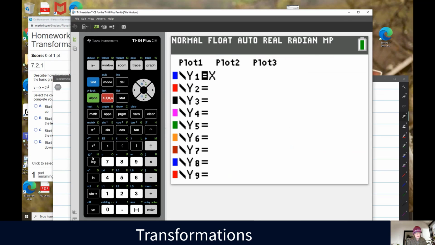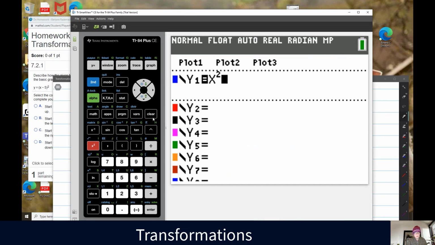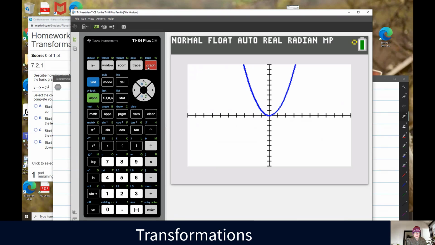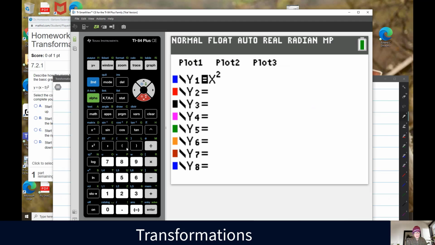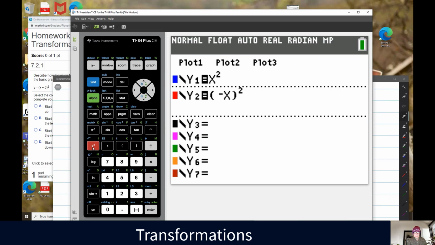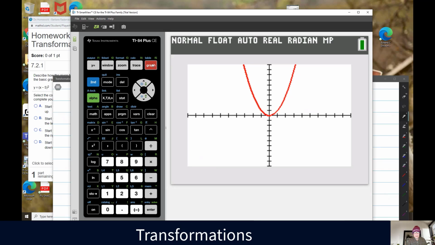Okay, so x squared. We'll just do one of these. Now I'm going to flip this sideways. Parentheses, negative x, parentheses closed, squared. It's the same graph.